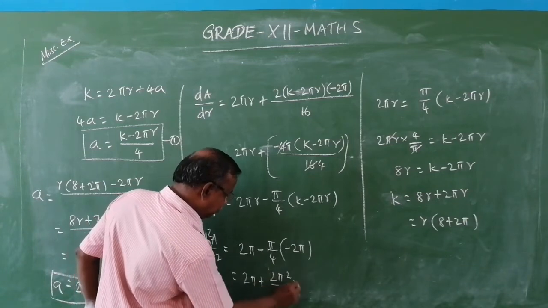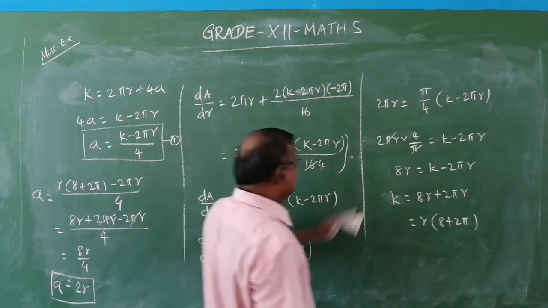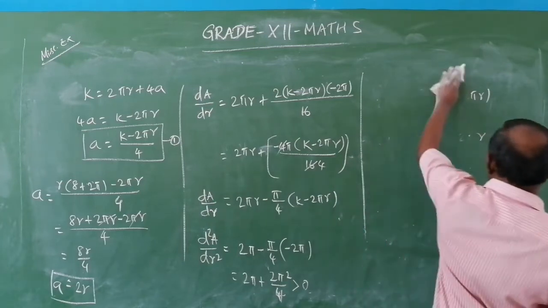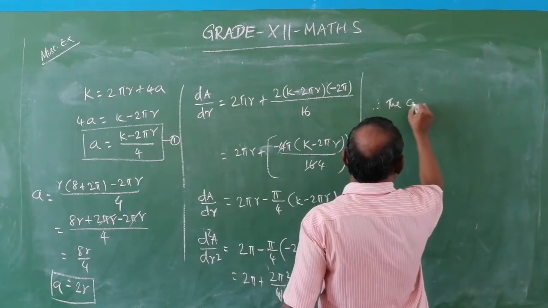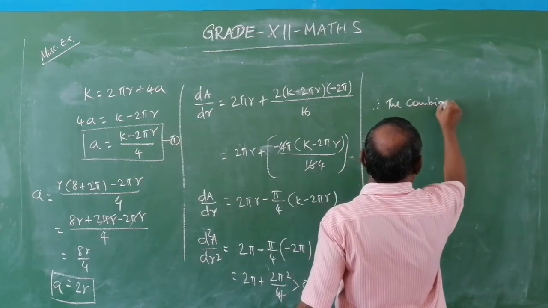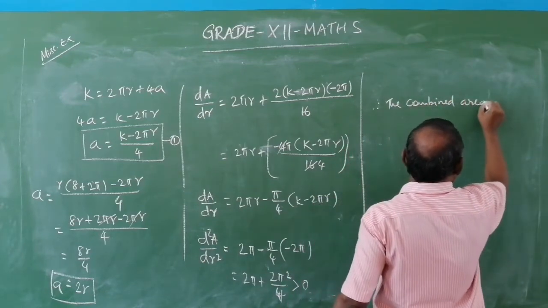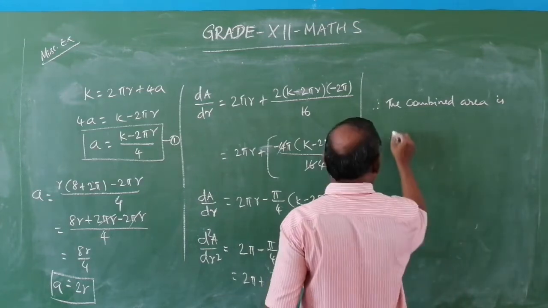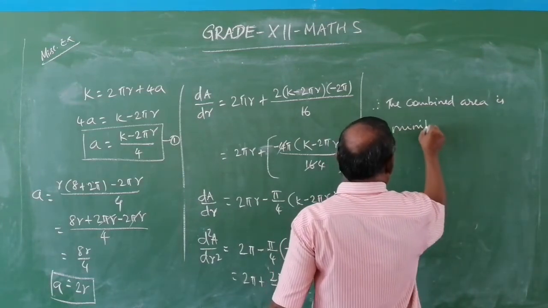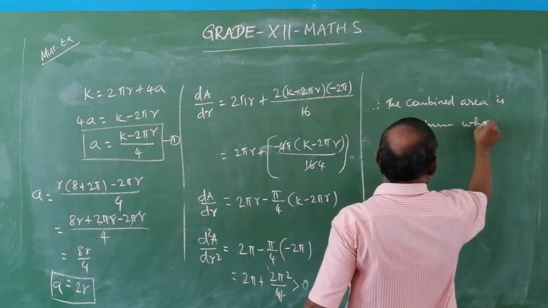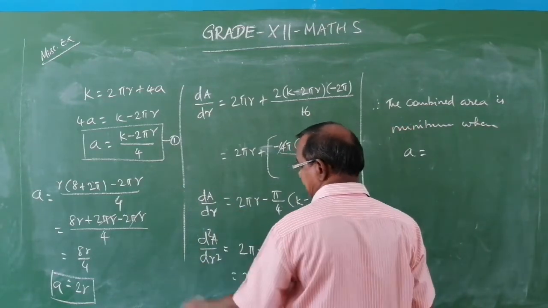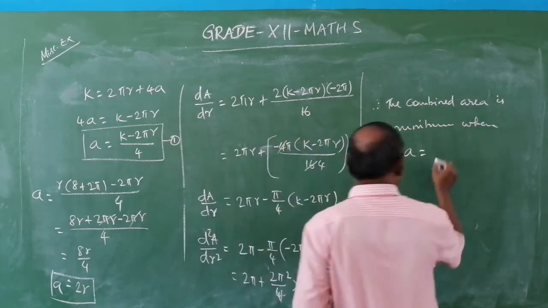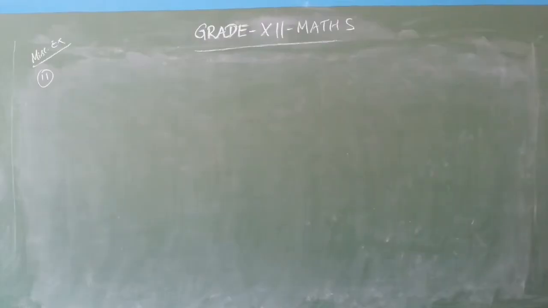Clearly, it is a positive quantity. Therefore the combined area is minimum, or least, when the side of the square equals double the radius, that is a equal to 2r.